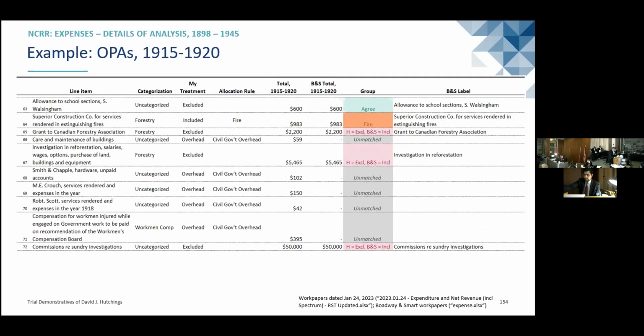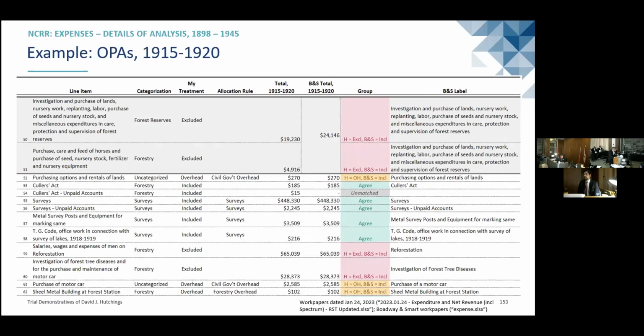Over the page to 153. Then we have two forest reserve and reforestation related expenses. Lines 50 and 51, which are the first two entries on slide 153. The first relates to forest reserves, so I exclude this, as I talked about on the previous slide.